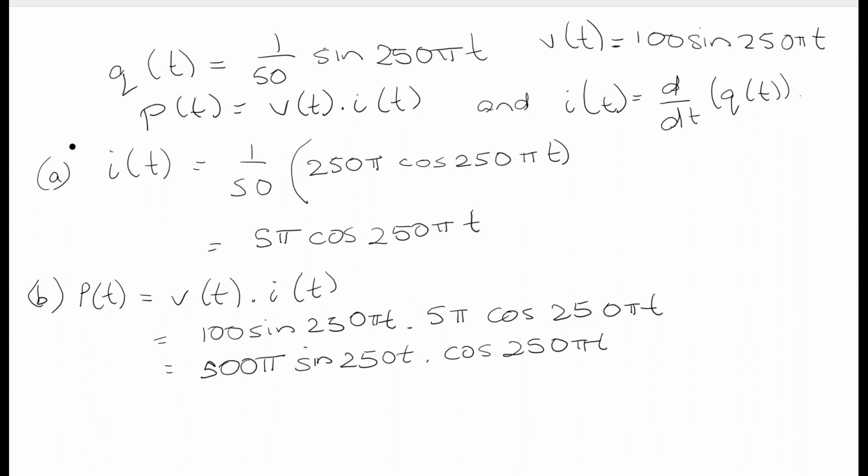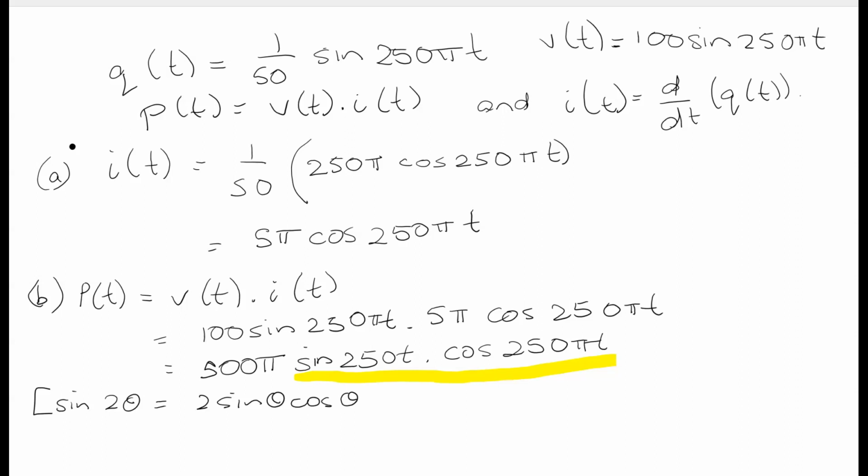And at that stage, you might think there is nothing more to do, but there is. So what we can do is we can look at this bit and say, well, we could use the rule sine 2 theta equals 2 sine theta cos theta.